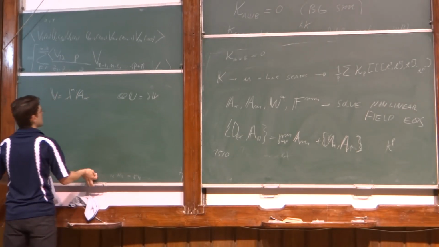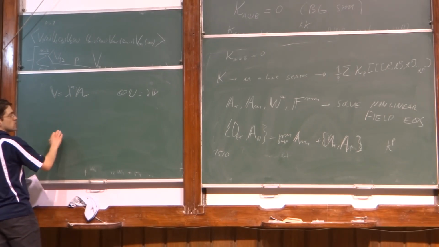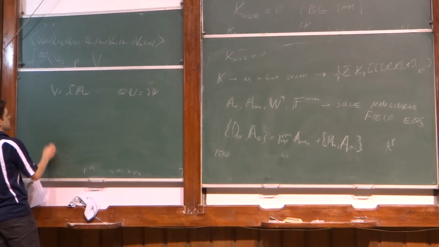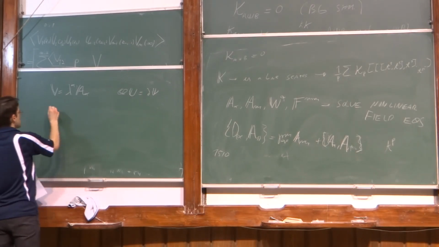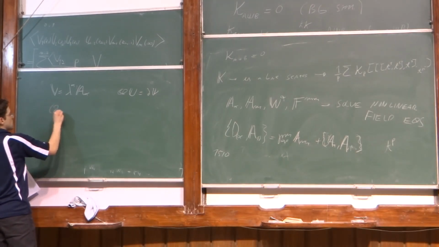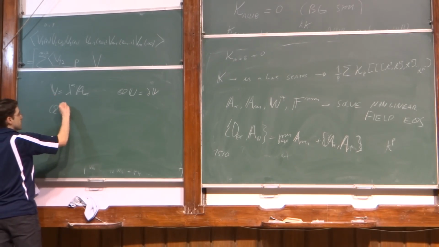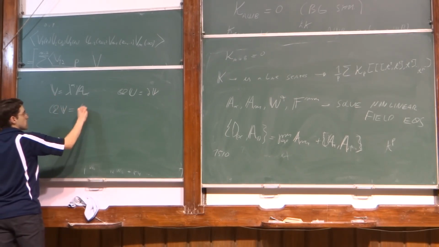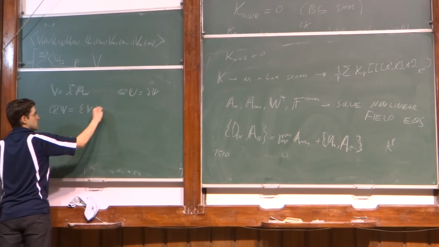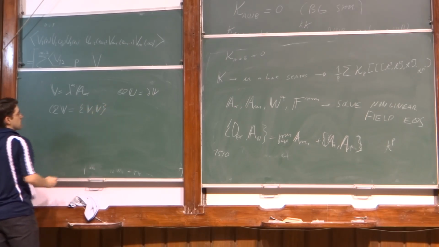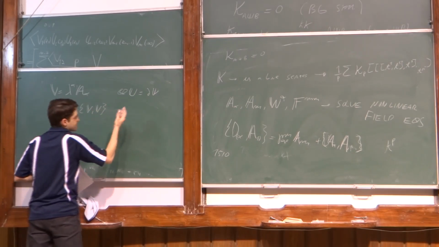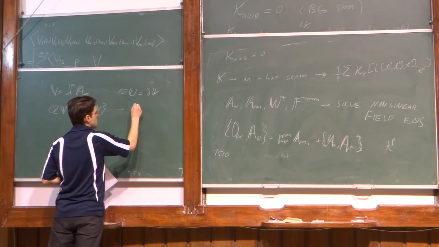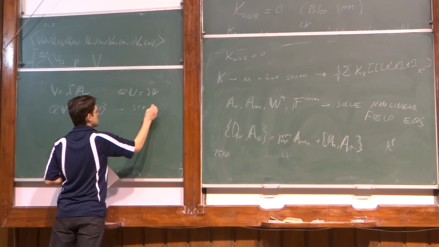As a final remark, you can show that, for example, Q on this V is equal to V V, and then that raises the question about string field theory or something.